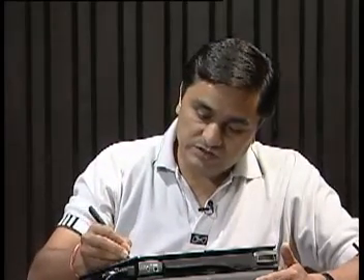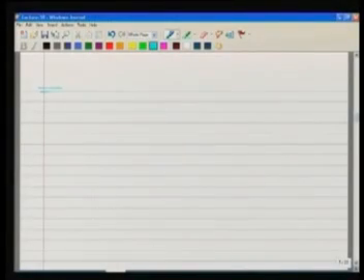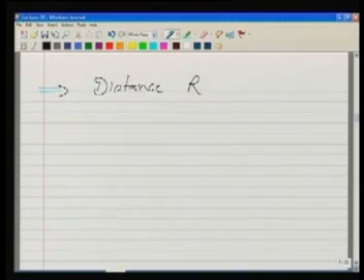Now, couple of questions here. One question is, so far what we are doing, that we can measure the distance between the receiver and satellite. We would like to see how.